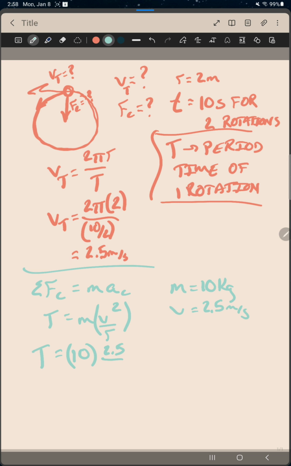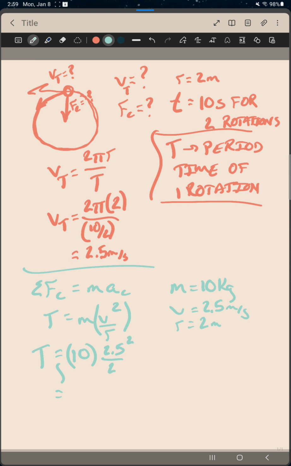And the radius we already established above is 2 meters. Some of this is redundant, so you don't have to write it again. I almost left off the squared. It's V squared, so it's 2.5 squared divided by the radius, times 10. So 2.5 squared divided by 2 times 10.